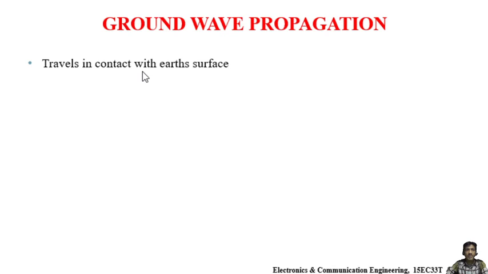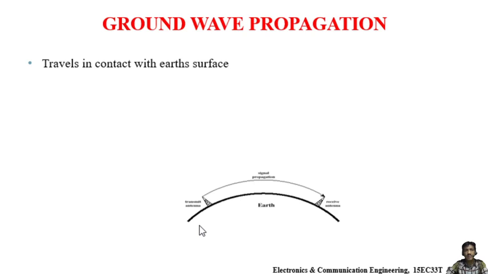The wave travels in contact with the Earth's surface. You can see in this diagram the transmitting antenna and the receiving antenna. The wave travels from transmitting to receiving. The direction of wave travel follows the curvature of the earth.